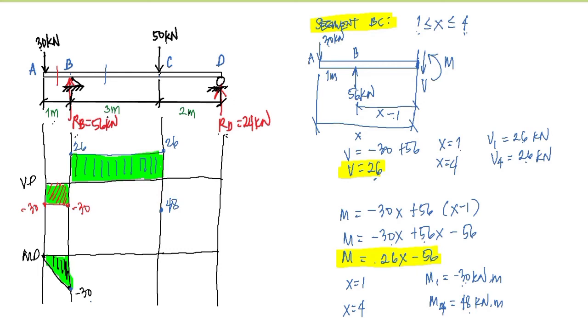So if we are going to connect this to this point, let's look at our equation. Our equation here is linear, therefore we will just connect this by a line. So this is our moment diagram for the segment BC.